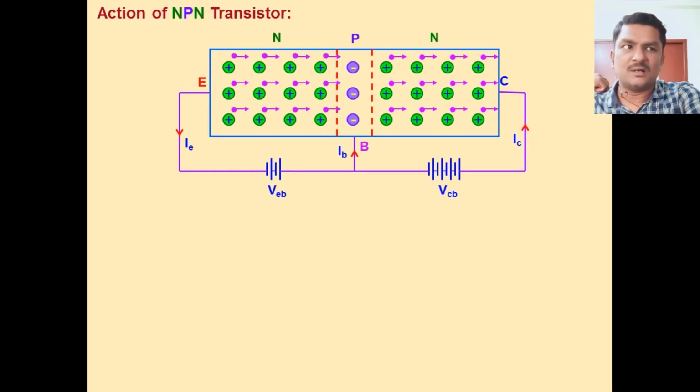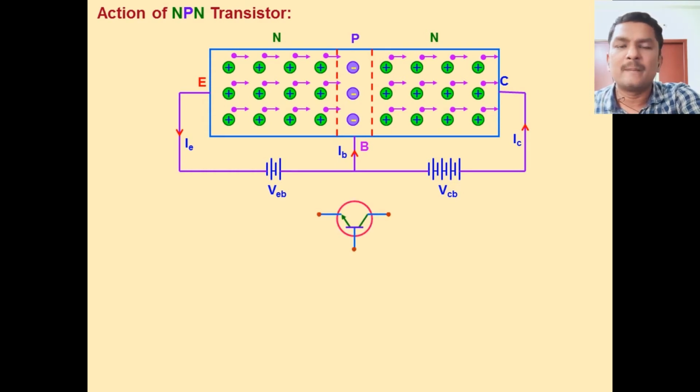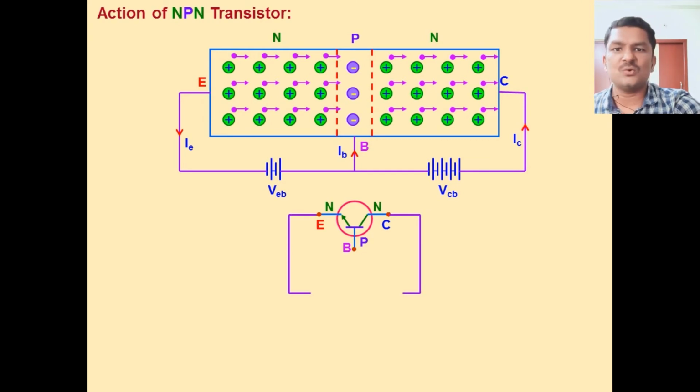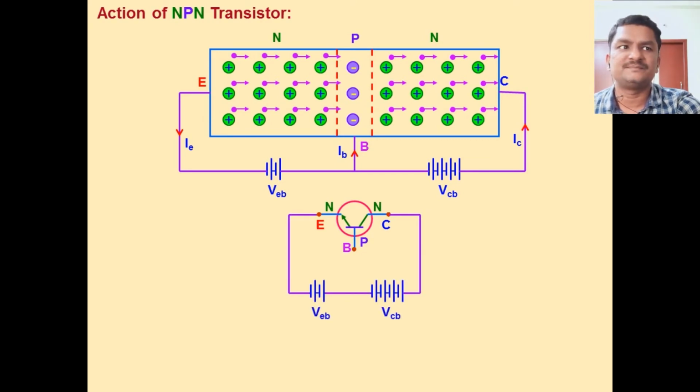In the case of an NPN transistor, the arrow represents the direction of conventional current, base to emitter. And the potential difference across emitter and base is represented like this, and this is VEB.